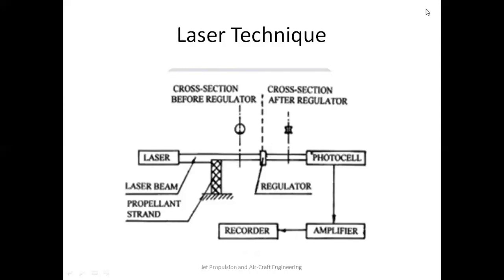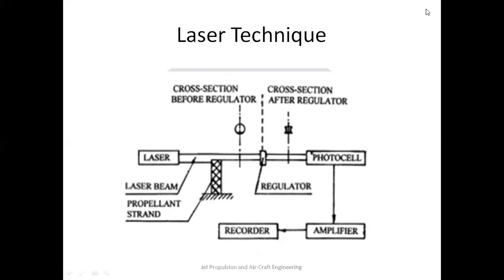The photocell detects the laser beam passing through the propellant strand, and the cross section of the laser beam is regulated via the regulator. The laser energy signals are converted to voltage and further passed through an amplifier followed by a light beam oscilloscope. So you can see the diagram here.